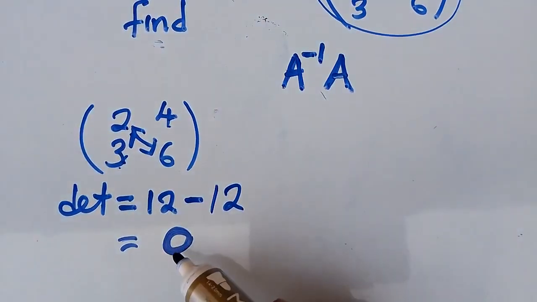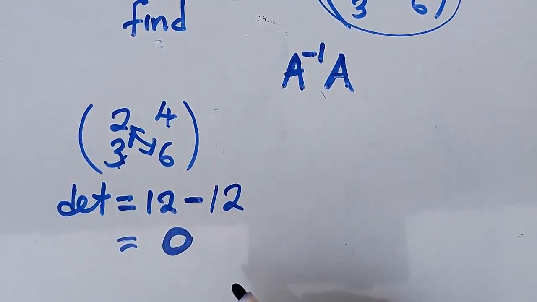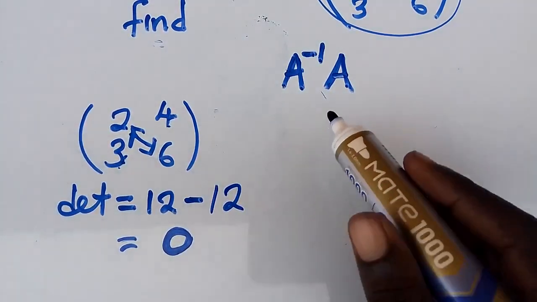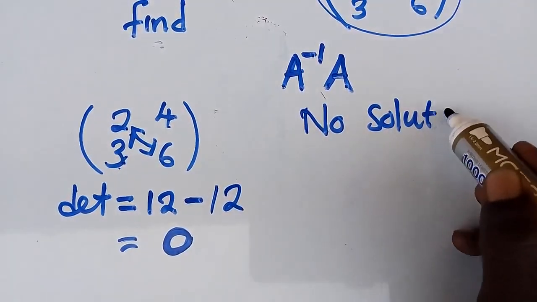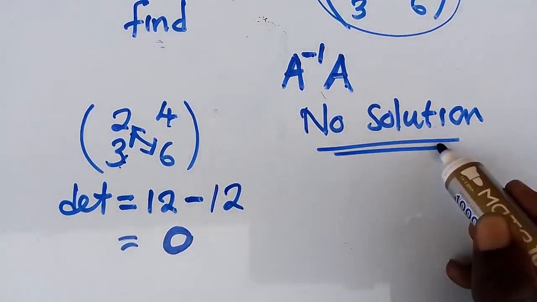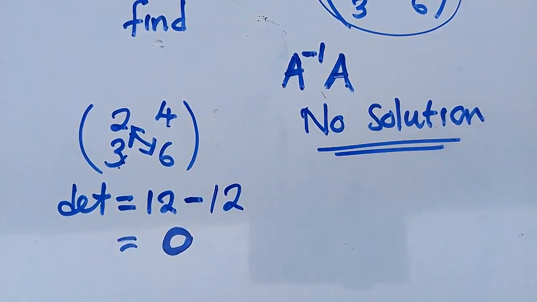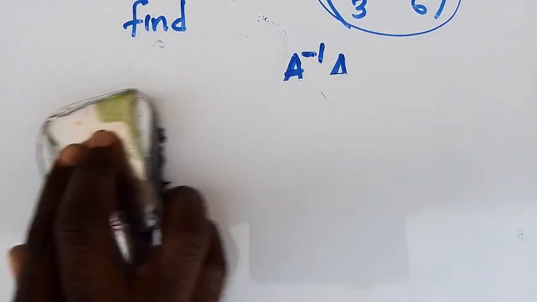If the determinant is 0, this question has no solution. So just say no solution, and you end there, because the determinant is 0. Now you are done with that question.